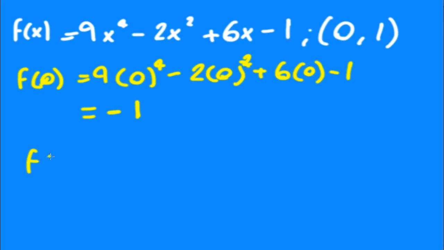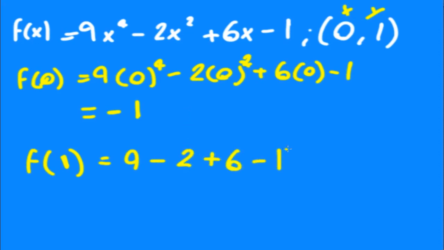Then you'll do the second one, so f evaluated at 1 would be 9 minus 2 plus 6 minus 1. That gives you 12.